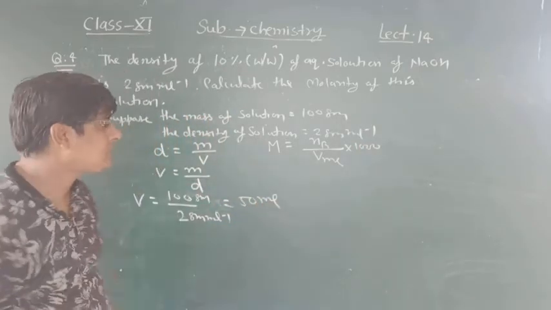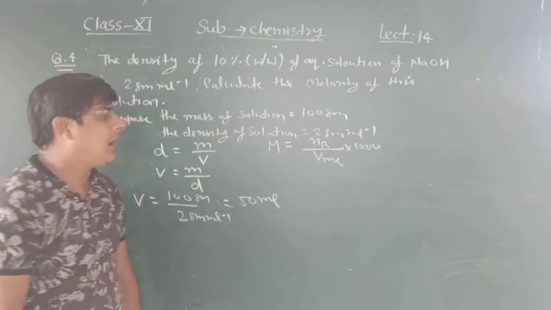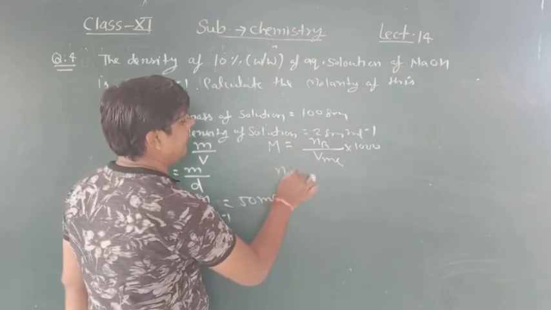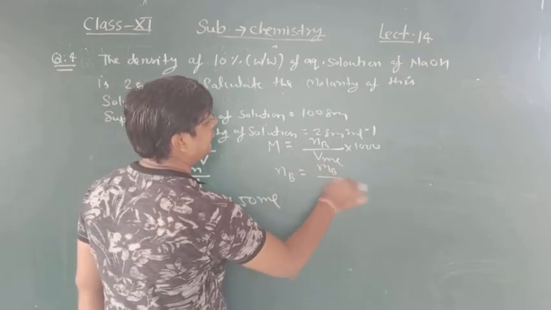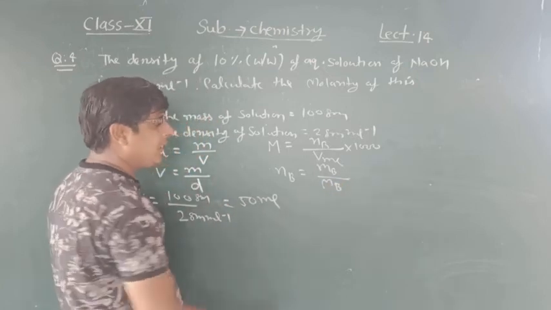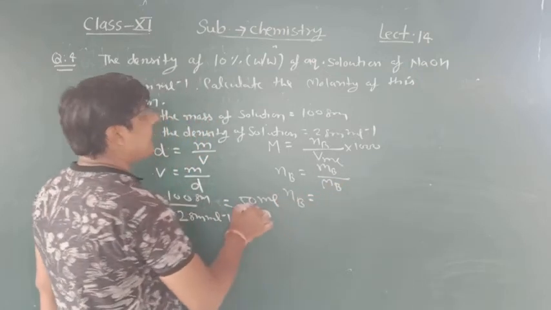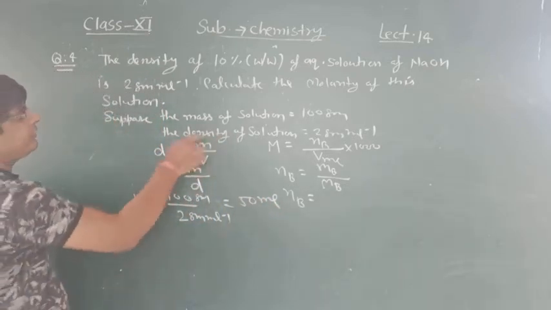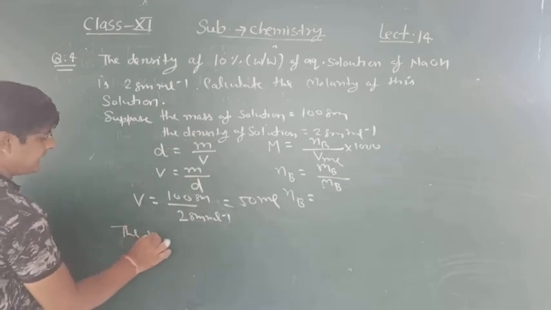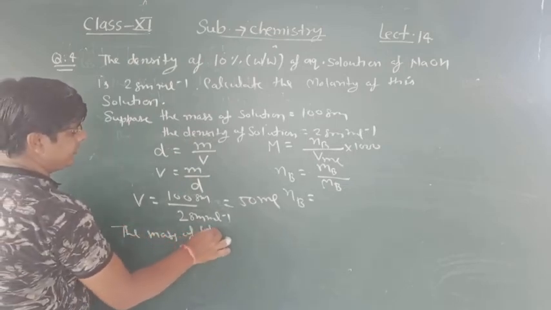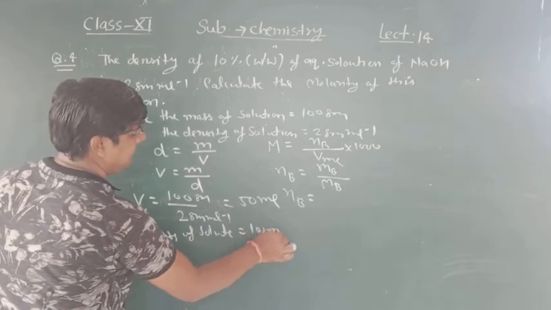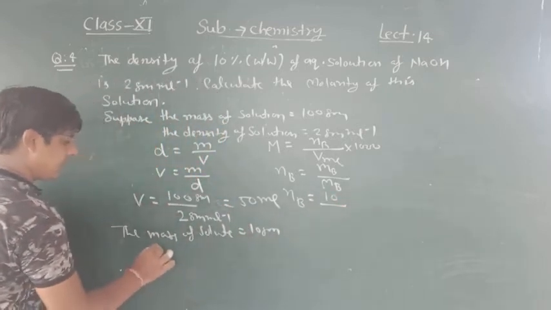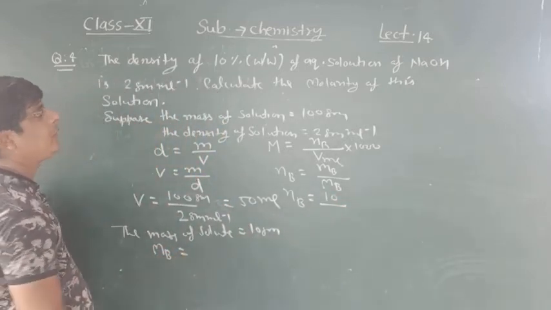And how can we calculate the moles? Moles is equal to, we know very well, mass of solute upon molar mass of solute. So here mass of solute is 10 gram. And the molar mass of solute, what is solute?